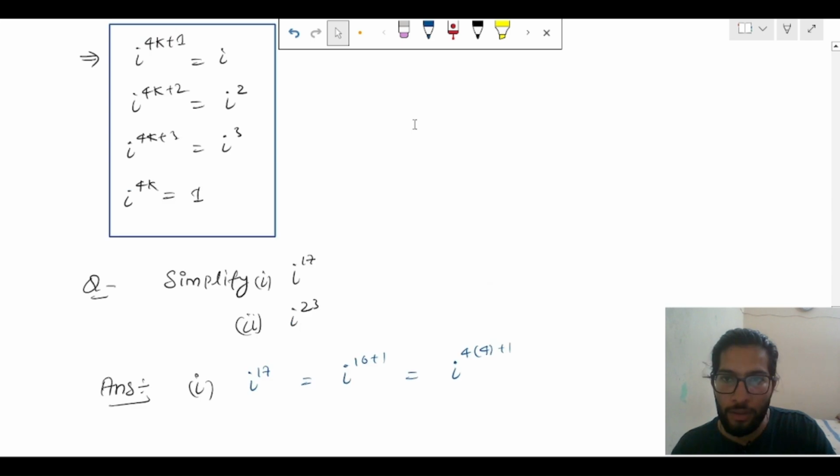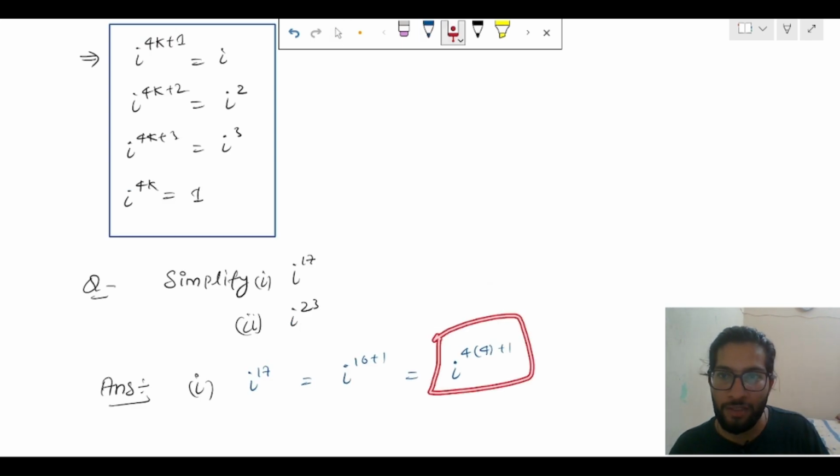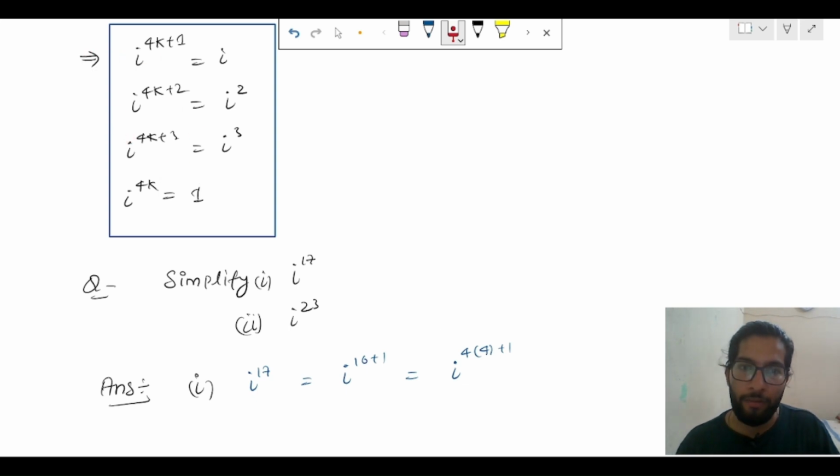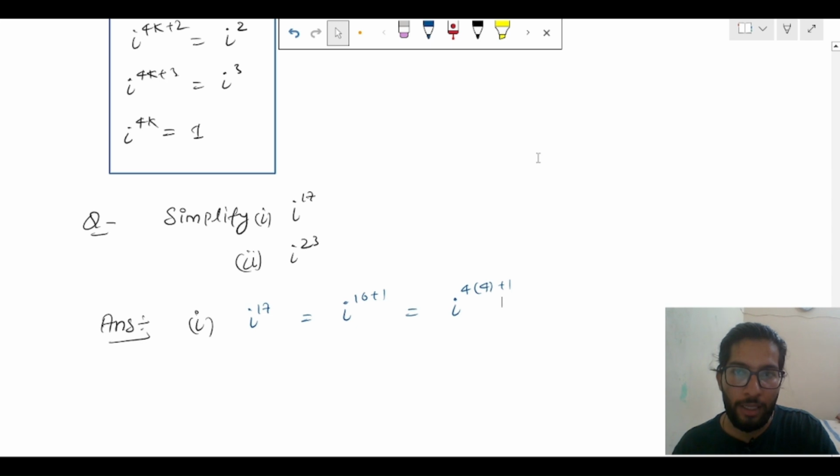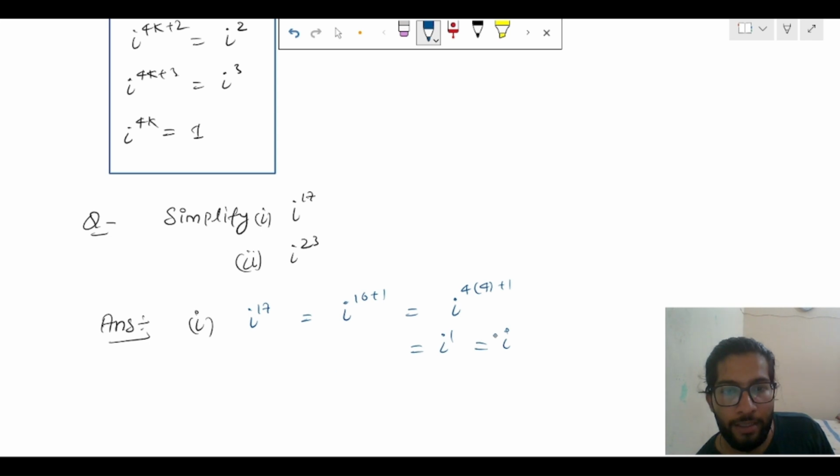Now this one, iota power 4 multiply 4 plus 1, is similar to this first one, iota power 4k plus 1, where k is an integer and here k is equal to 4. So without solving, we can directly write it is equal to iota power 1, which is equal to iota. You can verify if this is your answer or different. So it will be equal to iota.